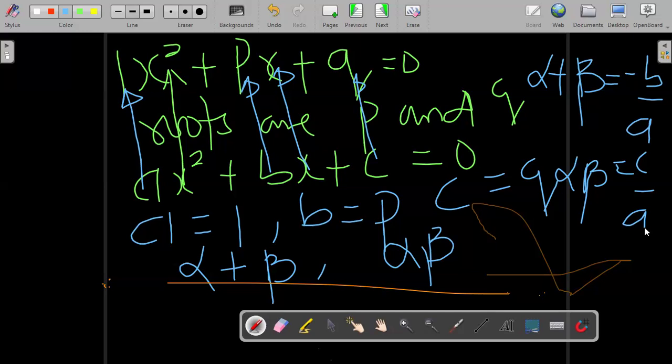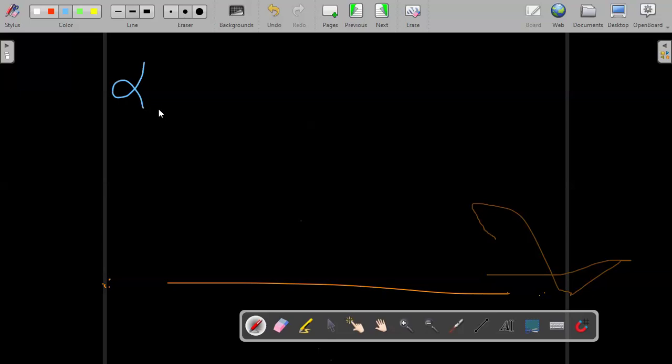So now that we have gotten a, b, and c, if I put them into sum of roots and product of roots, we are going to have alpha plus beta, which is sum of roots, is minus p over 1, because my b is p, while my a is 1. That will give us minus p.